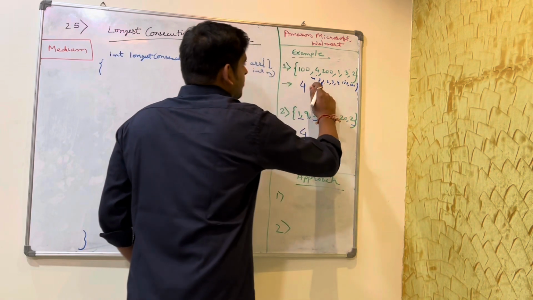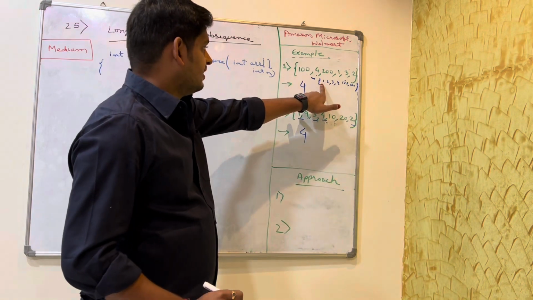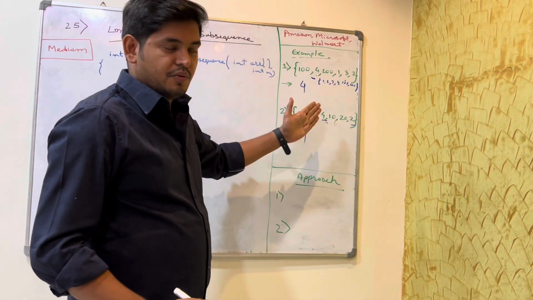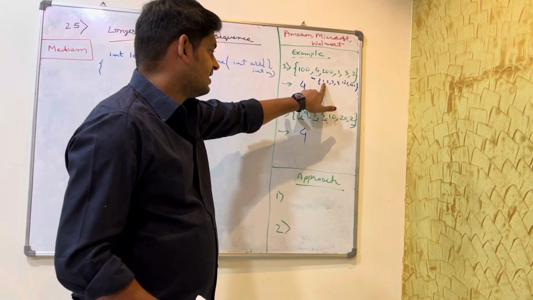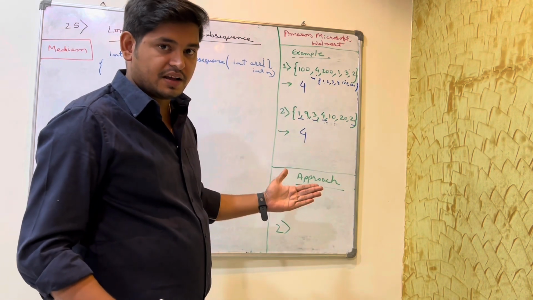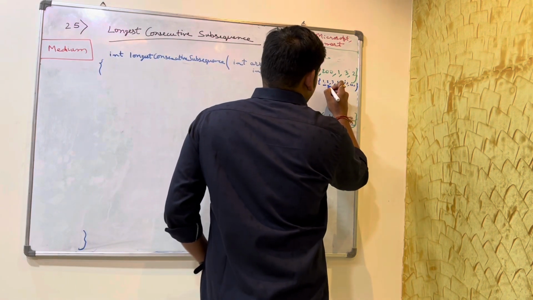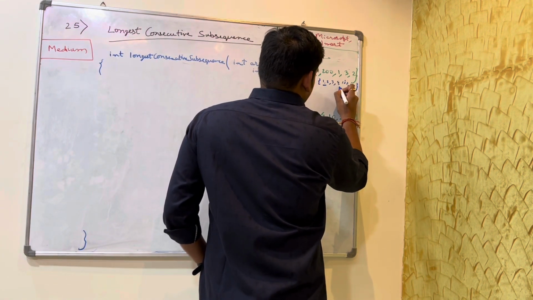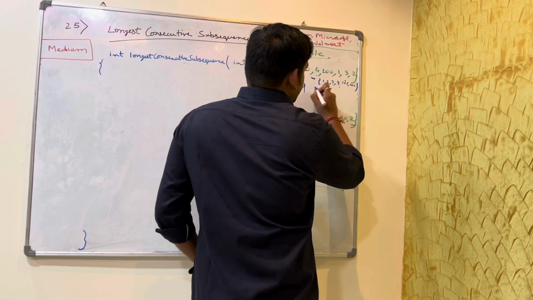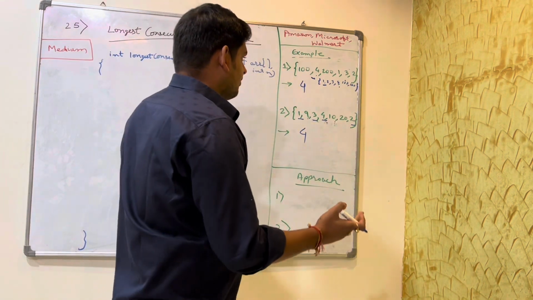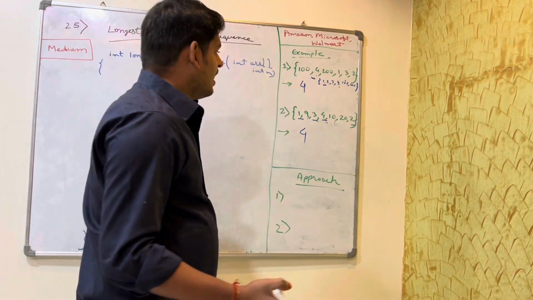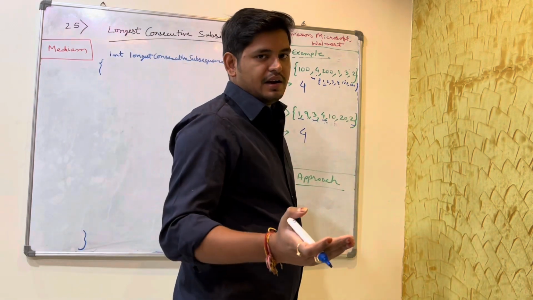Now as we move, we check whether the next element is just 1 greater than the previous element or not. If it is, we can increase the counter, and we keep counting till this is valid. When it is not valid, we will have the count value, and we will store it as a max value.